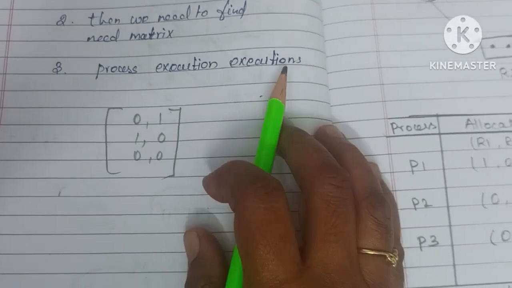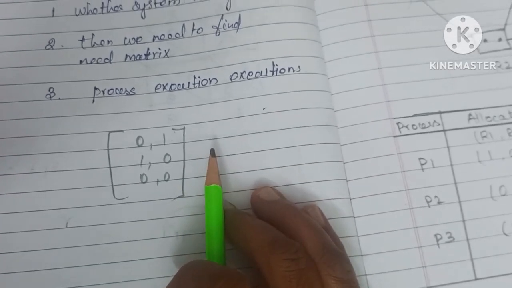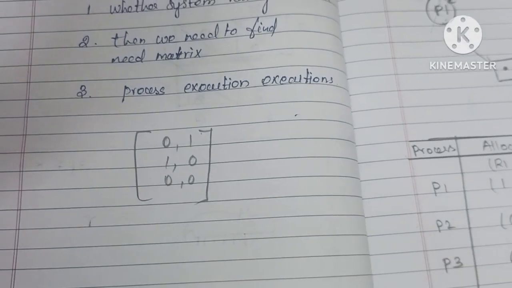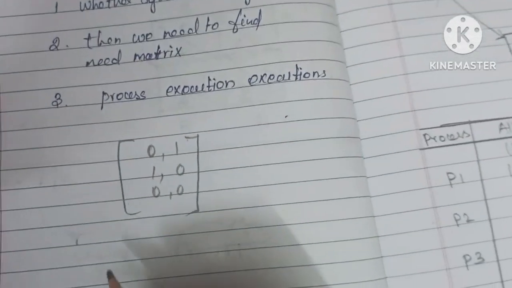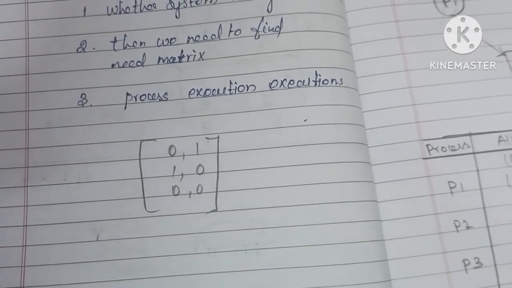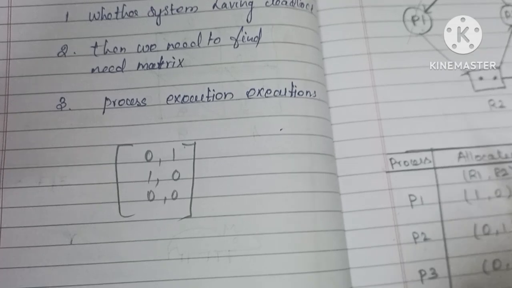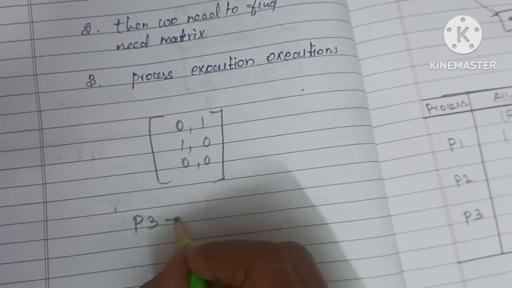Since the system does not have any deadlock, there will be a corresponding process execution sequence. How can we write that? At first, with the availability of 0, 0, we first executed the process P3, so it will come first.